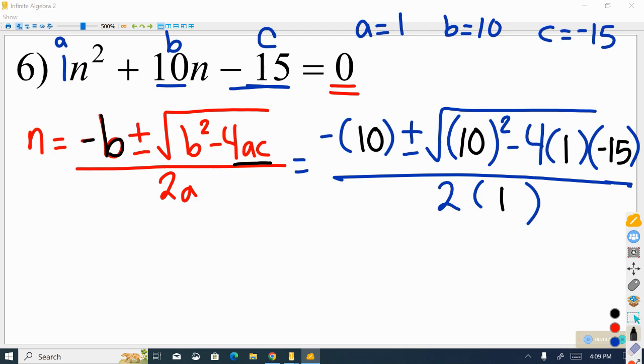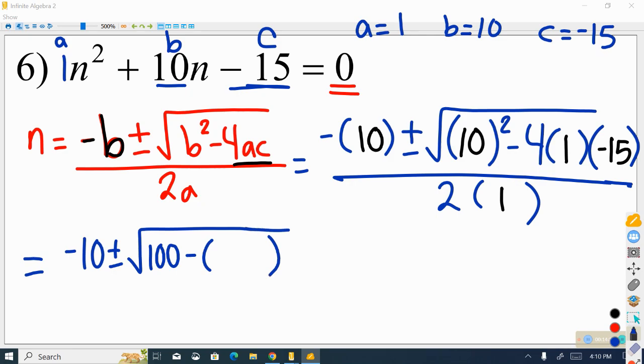Now we just go ahead and finish our calculation like we did before. We're going to take negative 10 plus or minus the square root of 10 squared, which is 100. Before we calculate this next thing, we put minus, and then one big blank parenthesis.